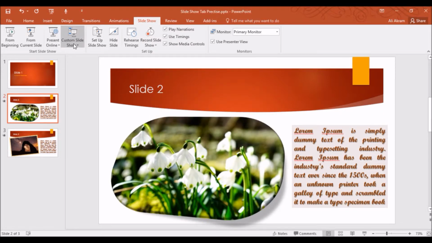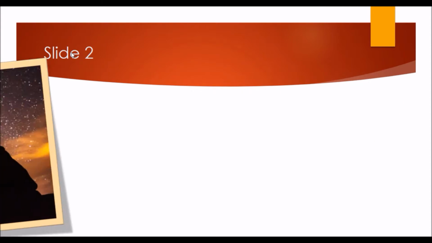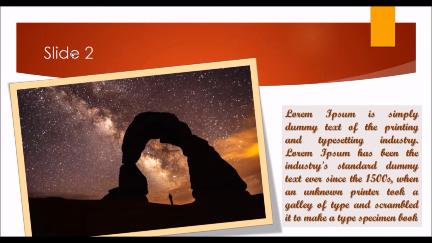Now when we click on Custom Slideshow option, our custom slideshow with the name of Custom Show 1 shows up, which when clicked sets up our custom slideshow, and we can go through it using the keyboard arrow keys or the mouse keys. We'll press escape and go back.